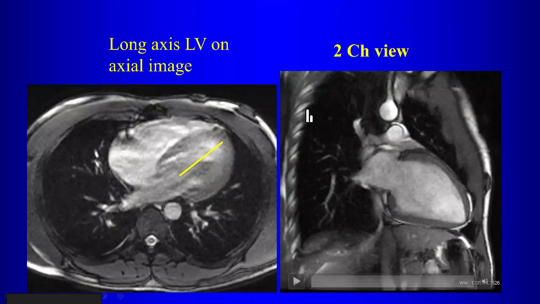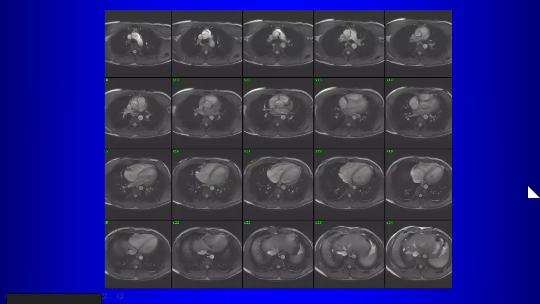So how do we start? How do we get these views from MR? Well, we start with a series of these axial localizers, really. We'll go through the entire chest, right? And these are basically the same things that we use.